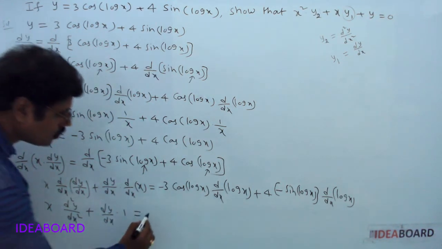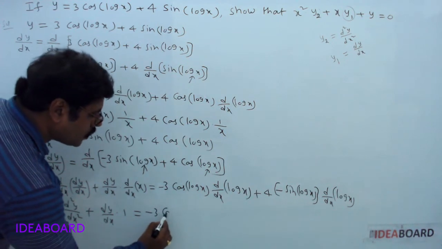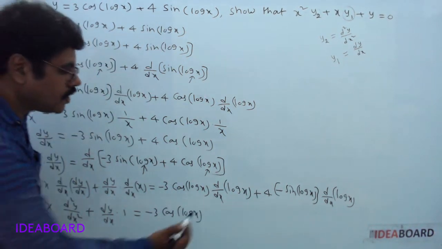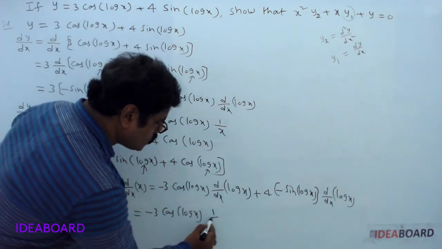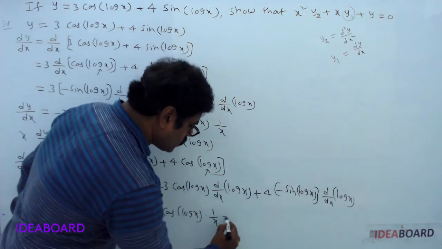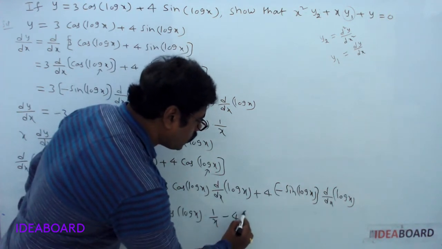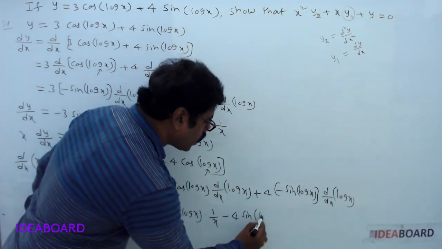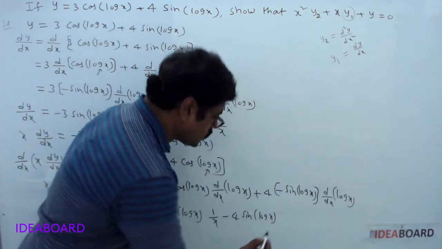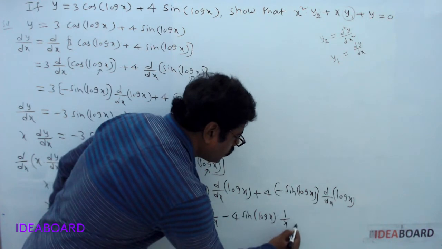This equals minus 3 into cos of log x into derivative of log x, that should be 1 upon x, plus minus minus 4 into sine of log x into derivative of log x, which is 1 upon x.